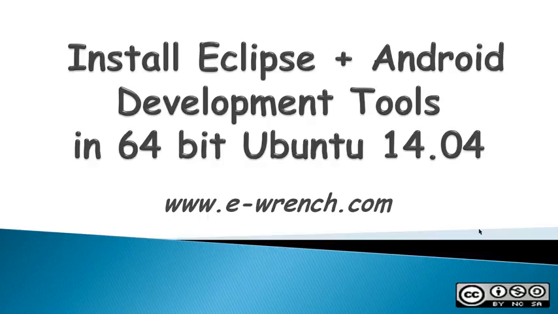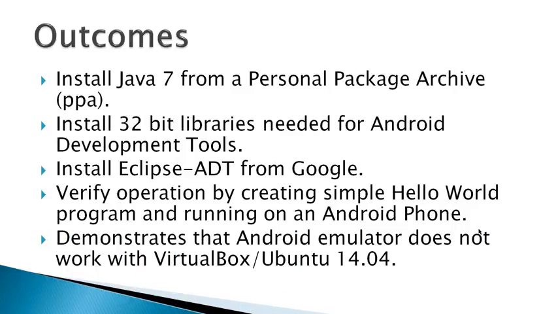Android apps. The outcomes for this video would be to install Java 7 from Personal Package Archive, PPA, install 32-bit libraries needed for Android development tools, install the Eclipse ADT from Google, and verify operation by creating a simple Hello World program and running it on Android phone.